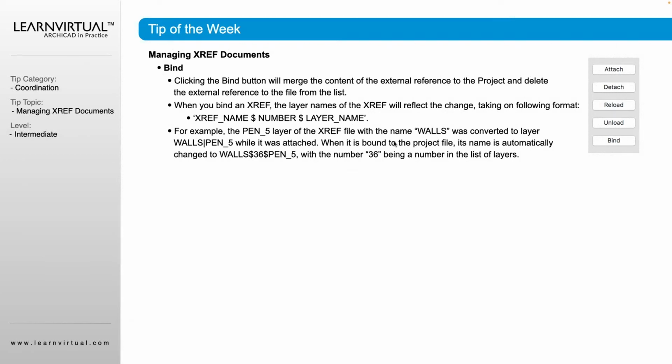If we were talking about layers, each of its layers will come in as XREF ... Its pens will change to XREF pen ... And so that brings in all of those elements, and you would now have to delete each of those individually because it is now a permanent part of your project.